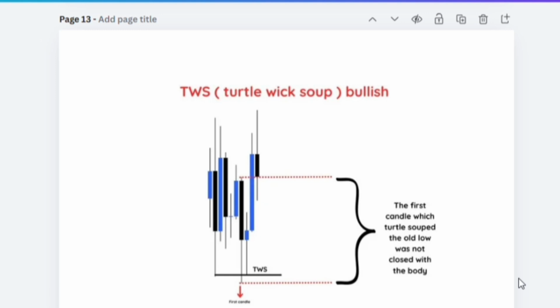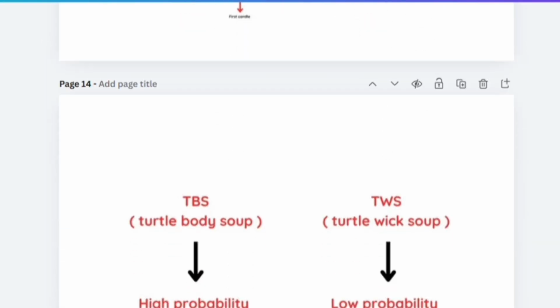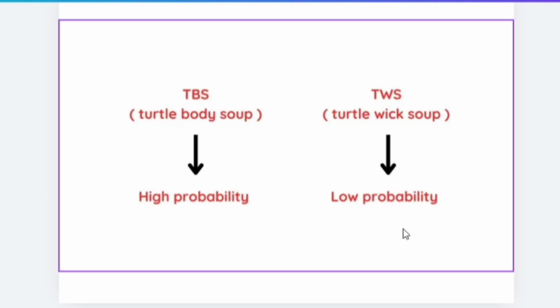Now, for a bullish one, this is the old low. This is the sweep and it closes inside this particular place. I hope you understand. So let's continue. Now, what I just showed you, the turtle body soup, as I said earlier, provides a high probability setup, while the turtle wick soup gives a low probability setup.